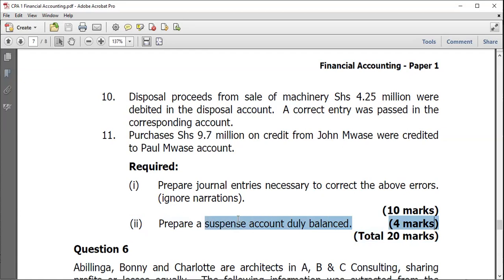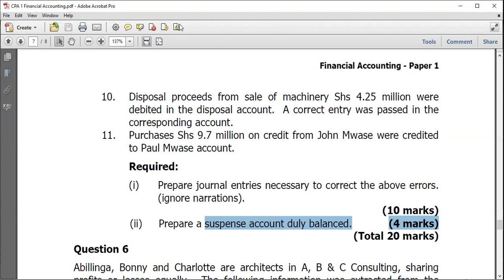The reason why they are saying it is duly balanced off is because a suspense account is a temporary account. It doesn't remain in our books. So we have to balance it off. You get it? So it's very important for you to have that in mind.